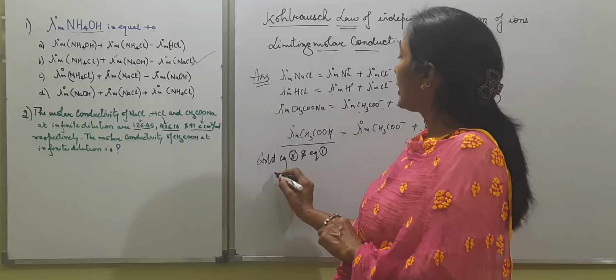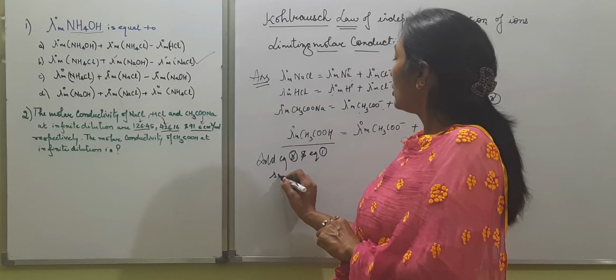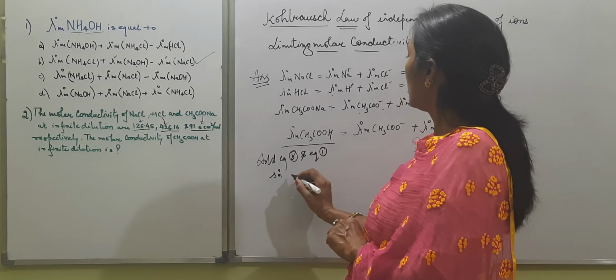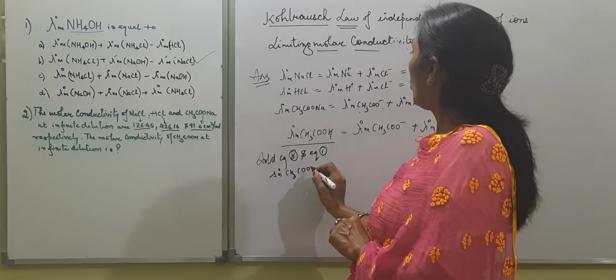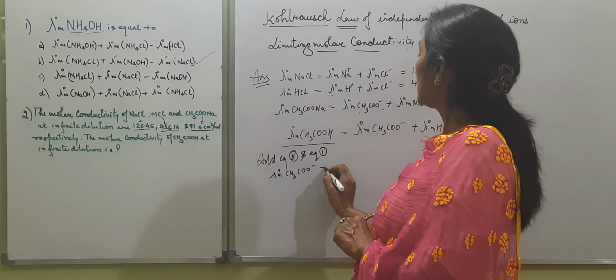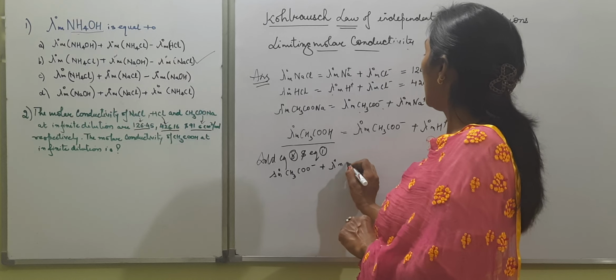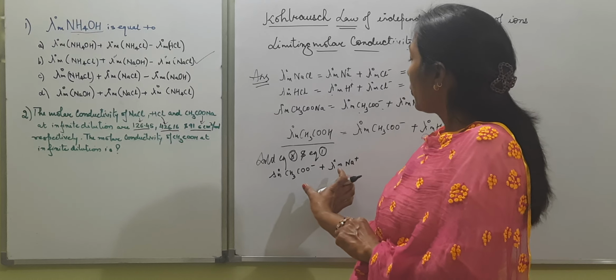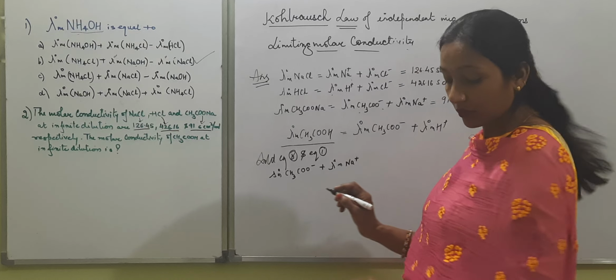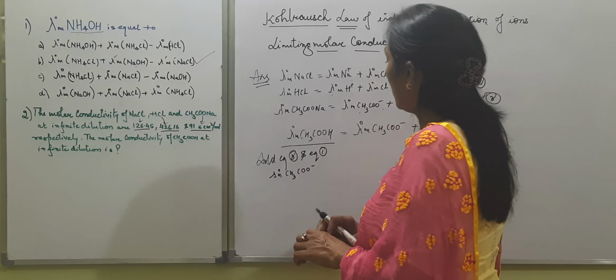So what we were getting here is the limiting molar conductivity of CH3COO minus plus the limiting molar conductivity of sodium ion. I have written equation 3 like this. Let me write it a little bit down.